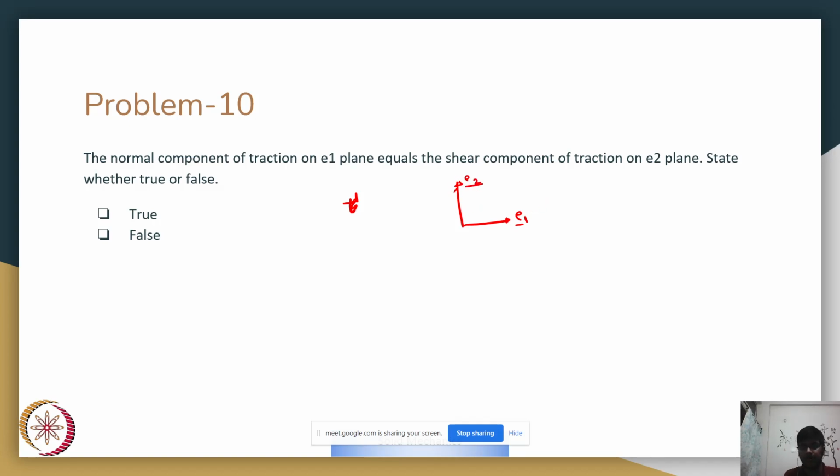What they are saying is, if we have T1 and T2 as the tractions for E1 and E2, is the normal component of T1, which is T1 dot E1, equal to the shear component, T2 dot E1? Will this be true in general?